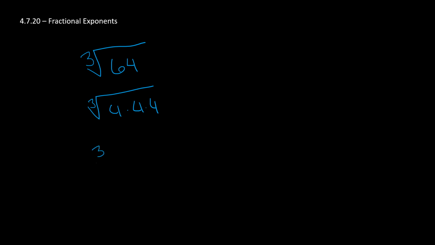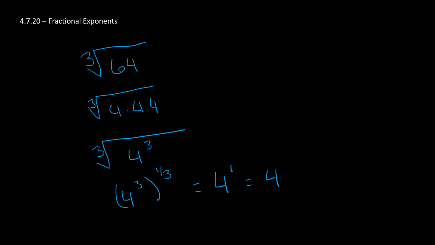Cool. So we would say here that we would take 4 to the third power. Well, this would be 4 to the third to the 1/3. Quick maths here now. We can say 3 times 1/3 is 1. So we'd be left with 4 to the 1, which equals 4. And that's how these simplify out.